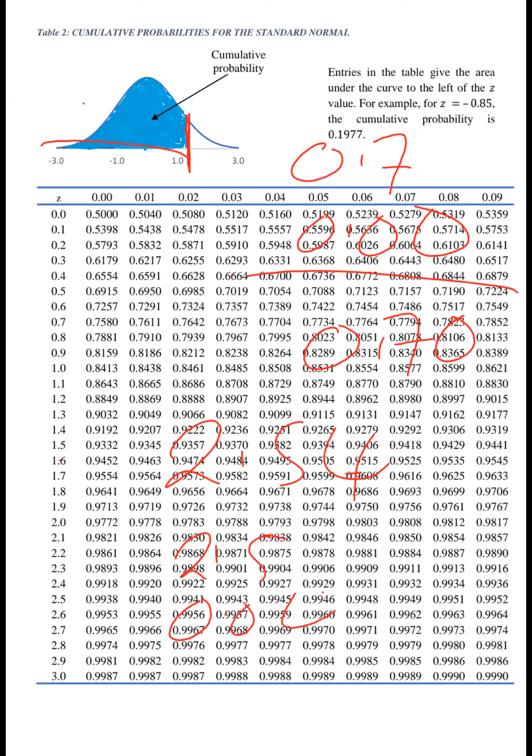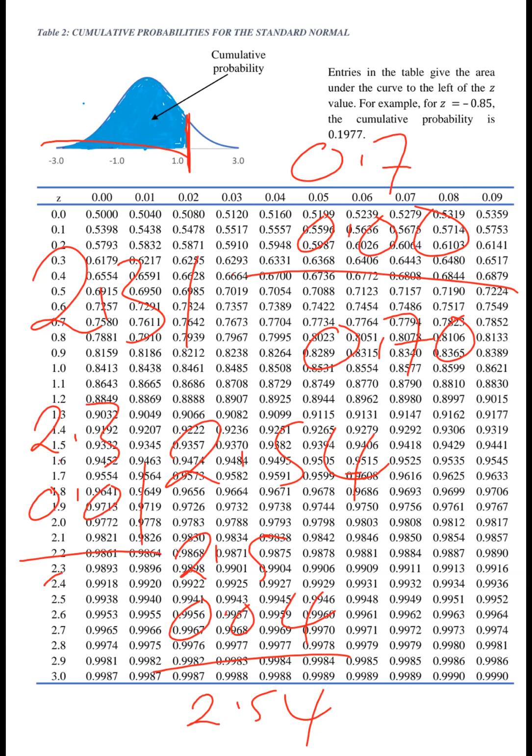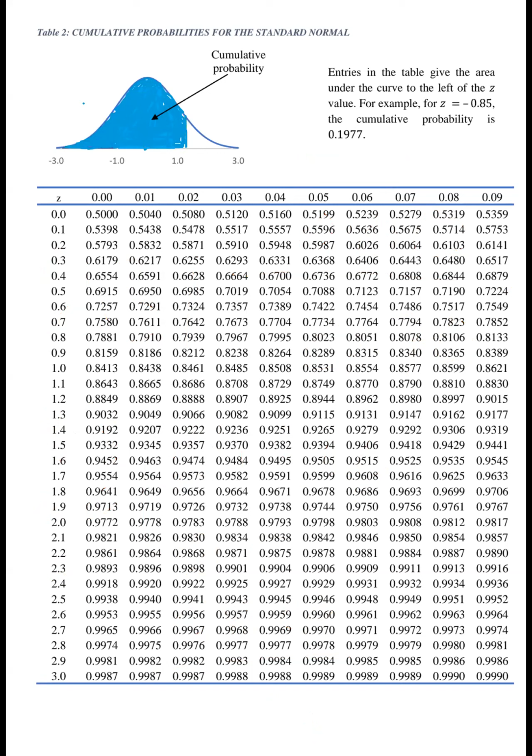That will still give you 2.54. Similarly, if you're given 2.31, you can break it down as 2.3 and 0.01. You add this, still get 2.31. So that's how you have to understand this thing, that the Z value is always expressed in two decimal places. So we go where there is 0.70 and where it meets with the 0.00.